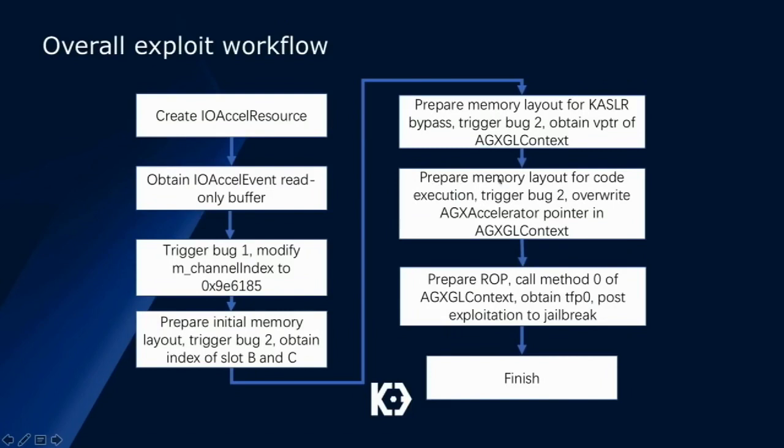And finally, we prepare the memory layout again for code execution to trigger bug 2 again and overwrite the AGX accelerator pointer in the AGXGL context.